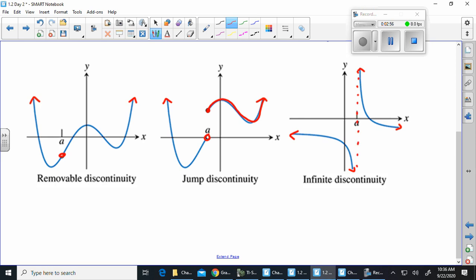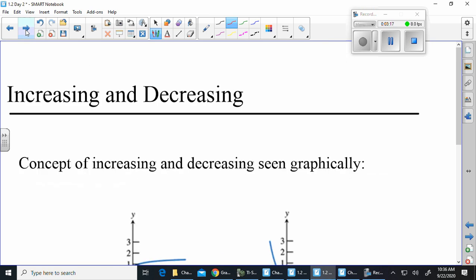This would be a vertical asymptote at A where it is not continuous. But big idea too, if something's continuous on a whole graph, you can draw it without ever lifting up your pencil. Next idea, increasing and decreasing.